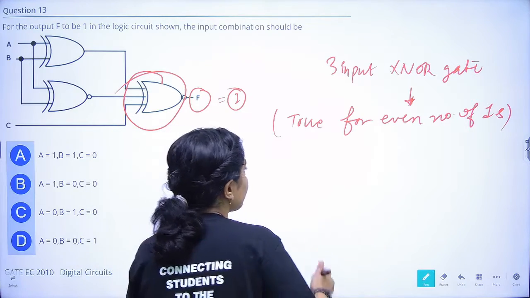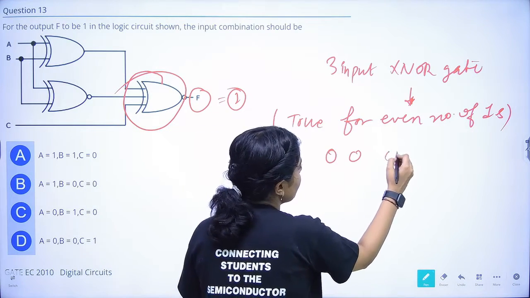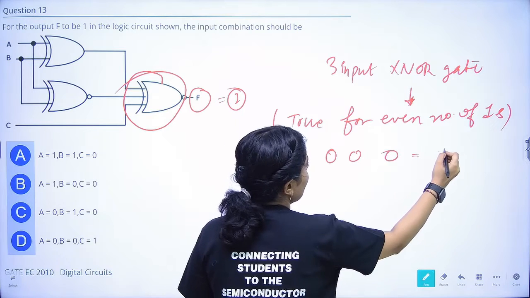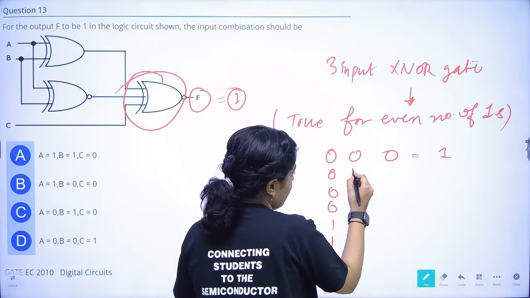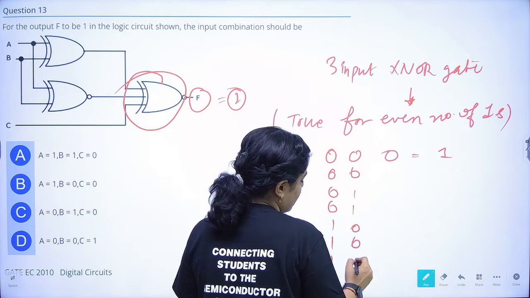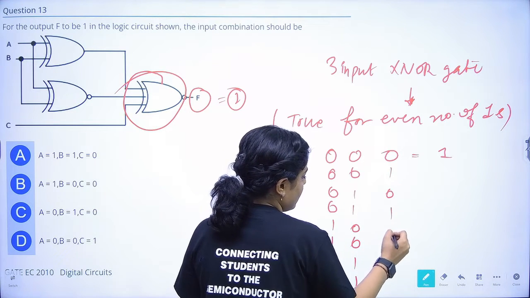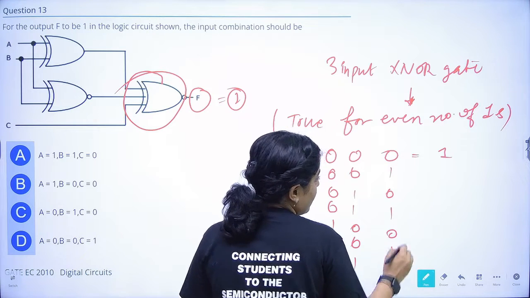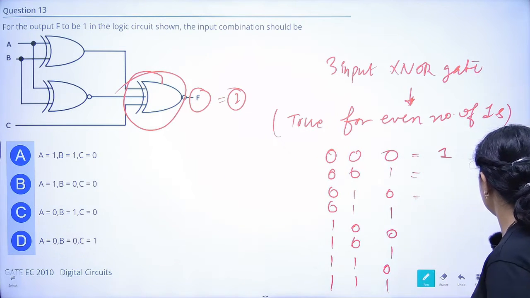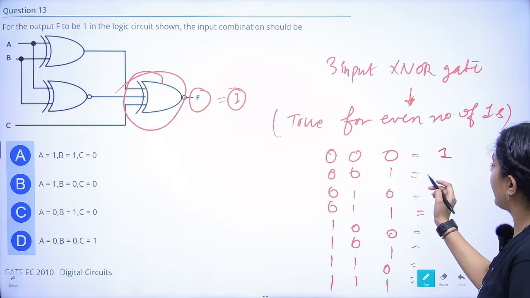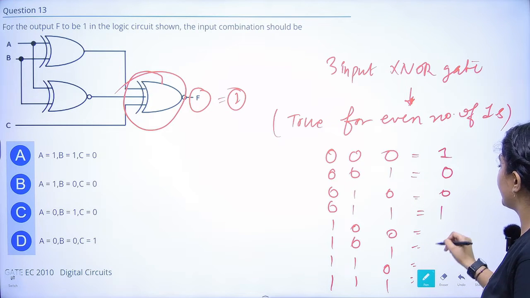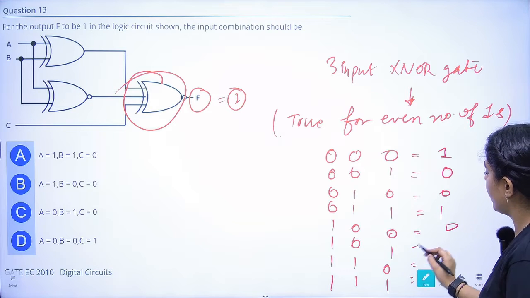If I draw the truth table, 0 0 0, the number of ones is even. So here it is odd, here it is odd, here it is even, here it is odd.